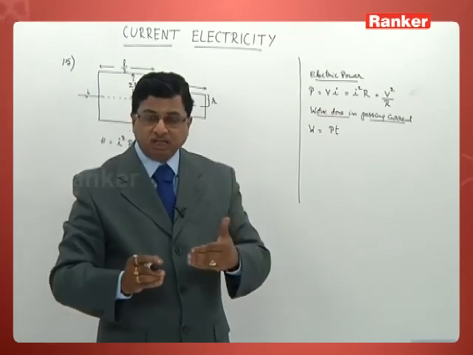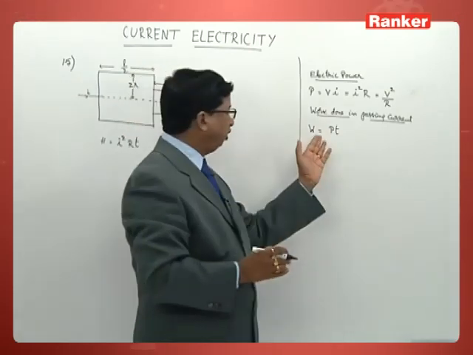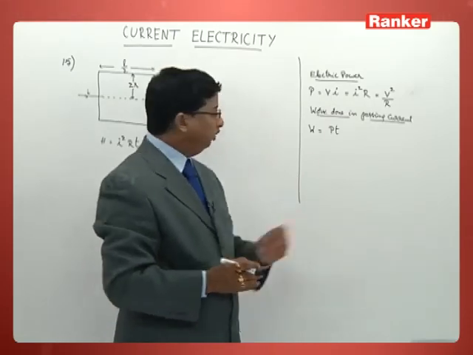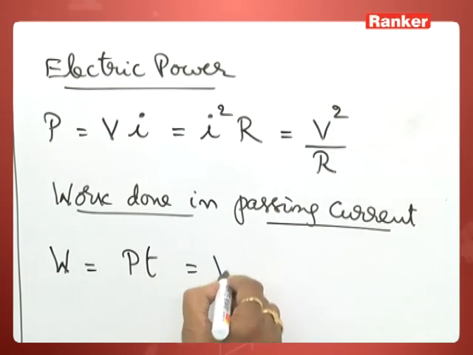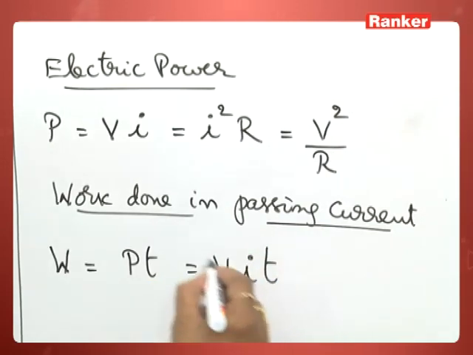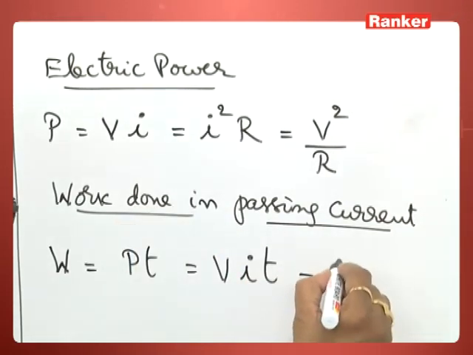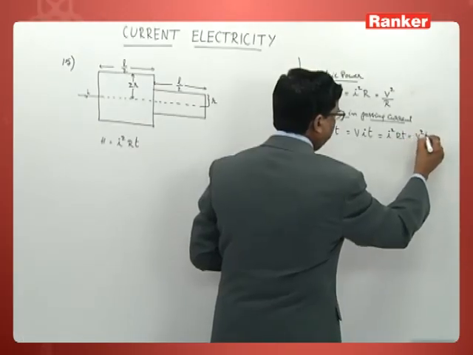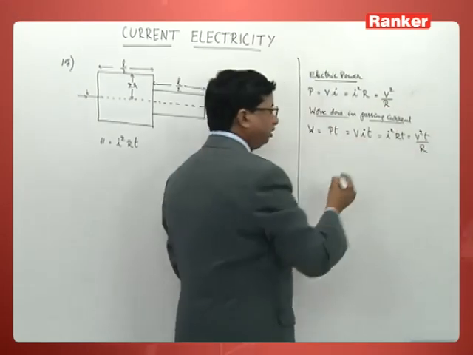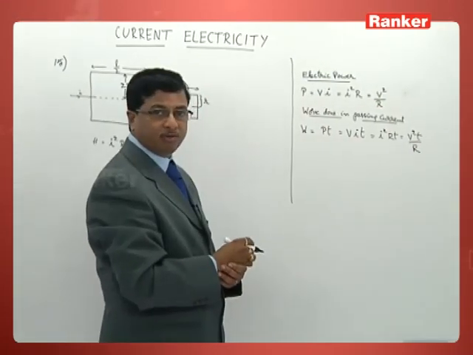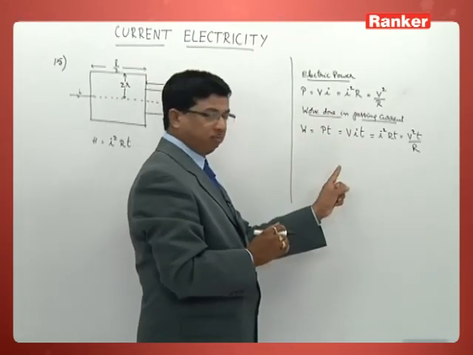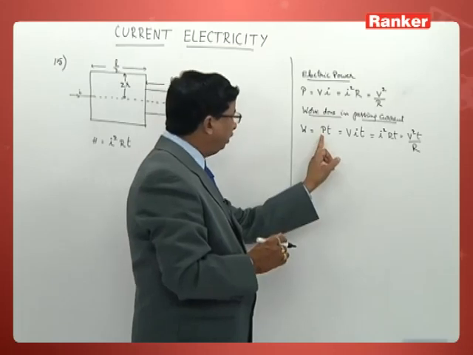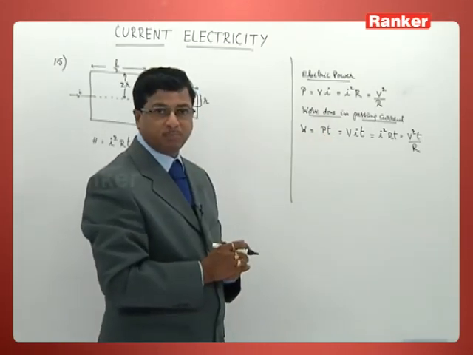W by T is called power, so work is equal to power into time. The equations can be repeated like this: VIT, I square RT, V square T by R. So when you want to know work, power into time gives you work done.